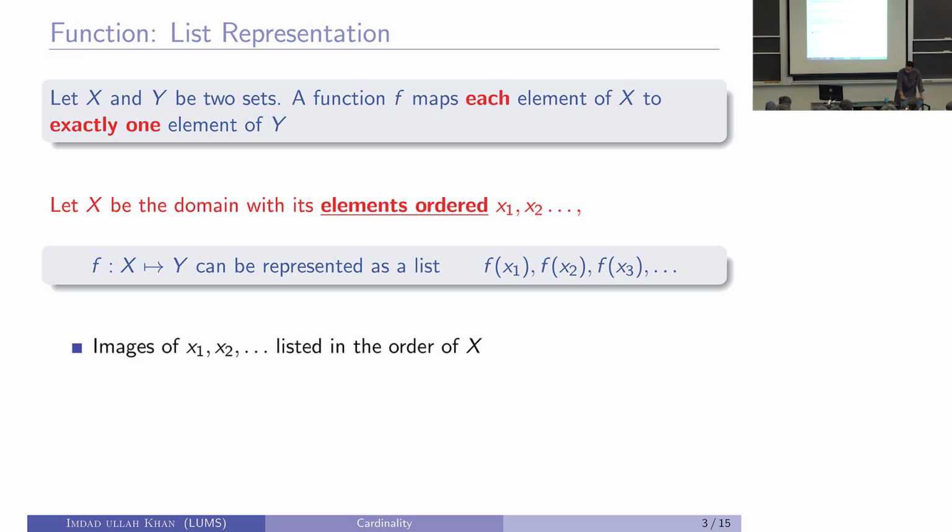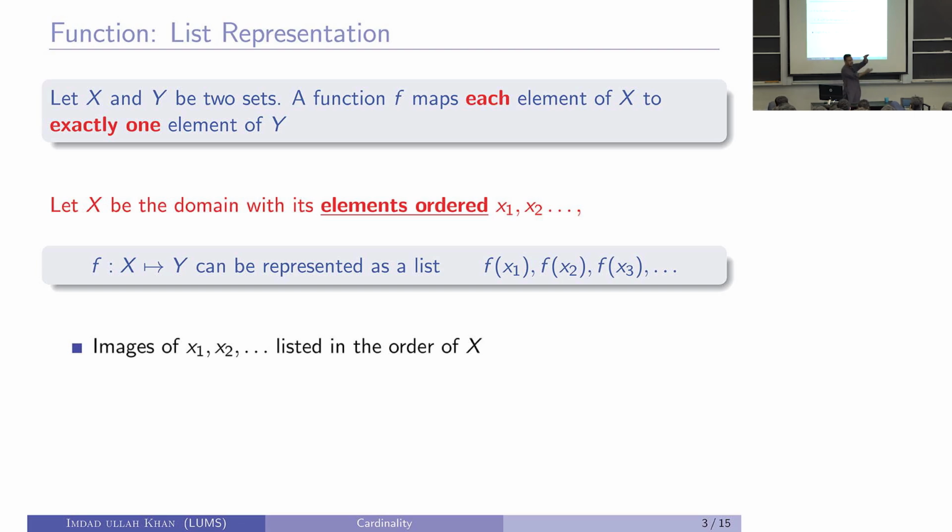So, another representation of function is what's called a list representation, or ordered list representation. Now, we have enough vocabulary when we studied sequences and other things, so we can talk about this. That is just you fix some ordering on the domain. So, let us say x is a domain and there is some ordering x1, x2, x3, x4. You know which is the first element, which is the last element, if it's finite, which is the fifth element, which is the 17th element, and so on.